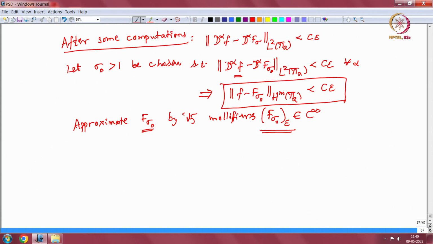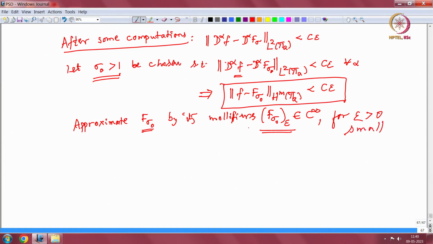Since we can find this sigma naught bigger than 1, and f sigma naught is defined on a slightly larger domain, we can again use the mollifiers. Small mollifiers are C infinity functions, and they are close to f sigma naught, for epsilon small.